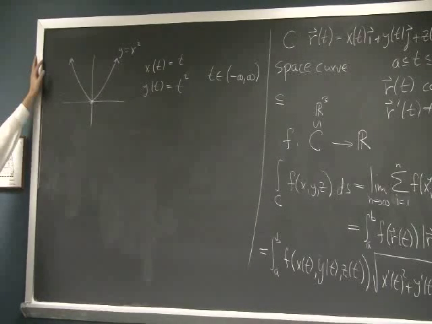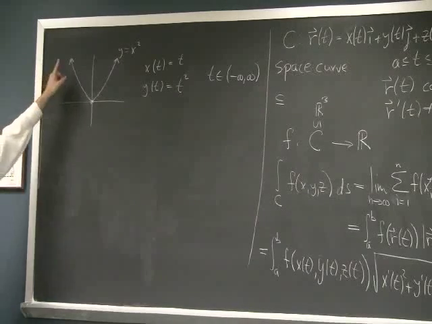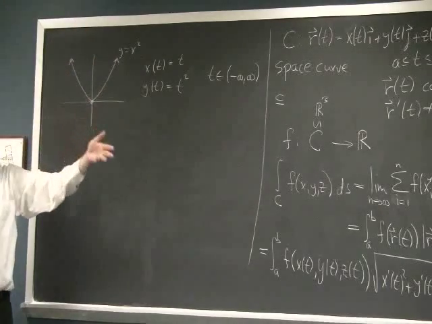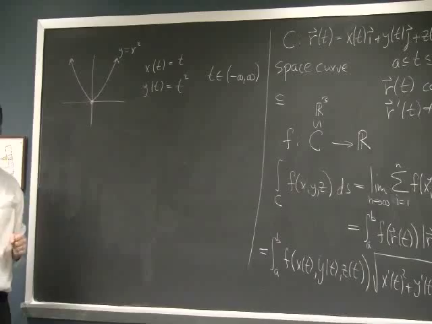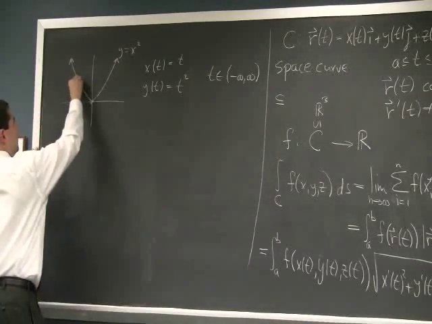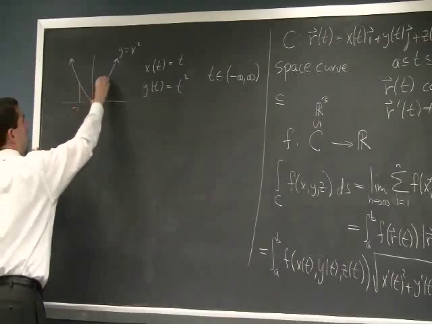But assuming you're using the closed interval 0 to 1, and assuming you want it to be smooth, then no, you cannot use 0 to 1 to do the entire parabola. But when you're doing a line segment, you always can. Okay? And let's say you just wanted to get it from minus 1 to 1.